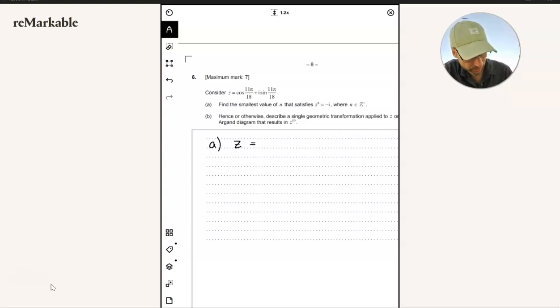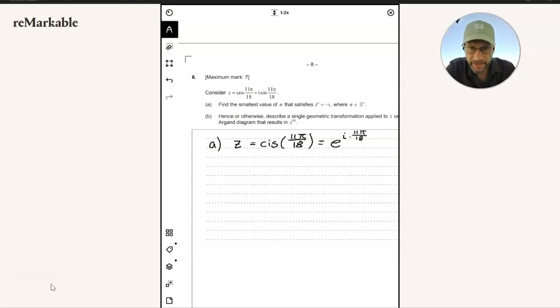That z is actually what we call cis of 11 pi over 18, or if you prefer, which I do, it's the exponential e to the i times 11 pi over 18.